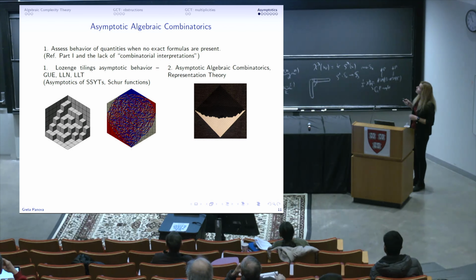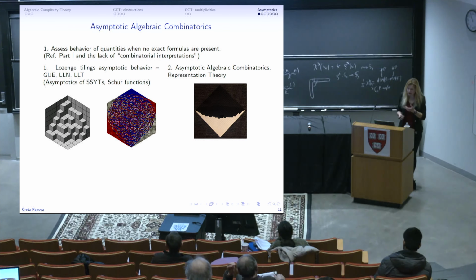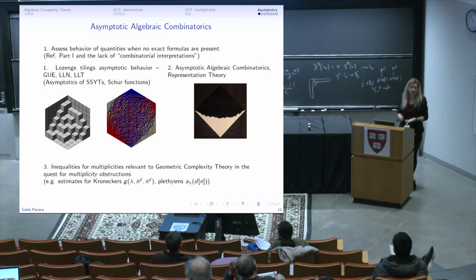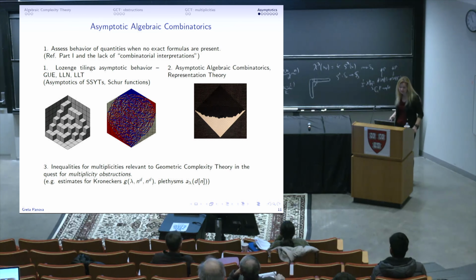And then there is the asymptotic representation theory. Some of you may recognize this as the Vershik-Kerov-Logan-Shepp limit shape for the Plancherel measure for a partition. So these questions are relevant in these areas, but they are also relevant to what I just talked about in geometric complexity theory, because we need some ways to estimate how large these Kronecker and plethysm coefficients are, even if we cannot compute them exactly.